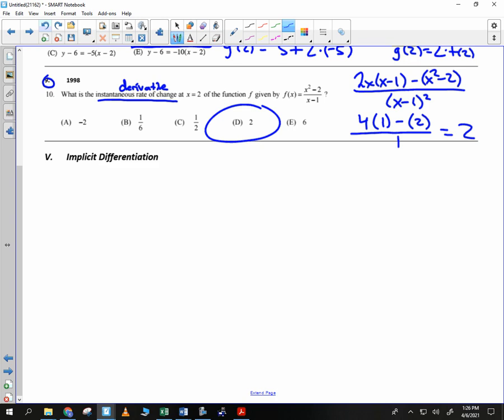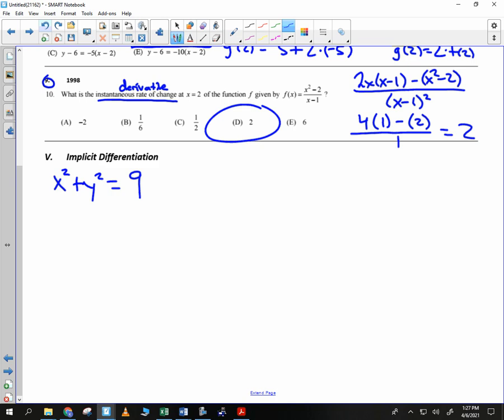Let's try another kind of problem. Implicit differentiation. Suppose we have x squared plus y squared is equal to 9. We would like to determine y prime. As I determine y prime, I first have to find the derivative of x squared plus y squared.